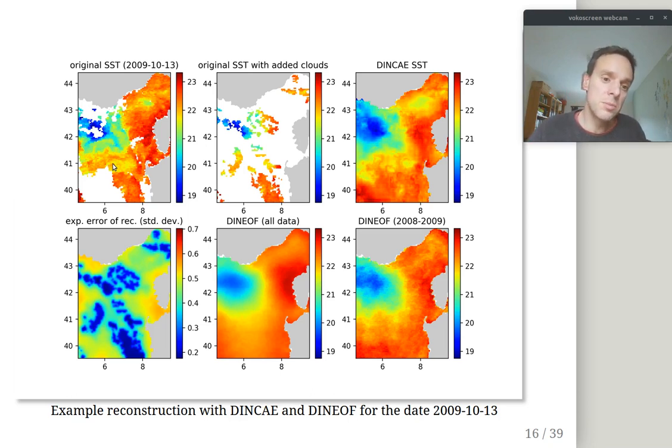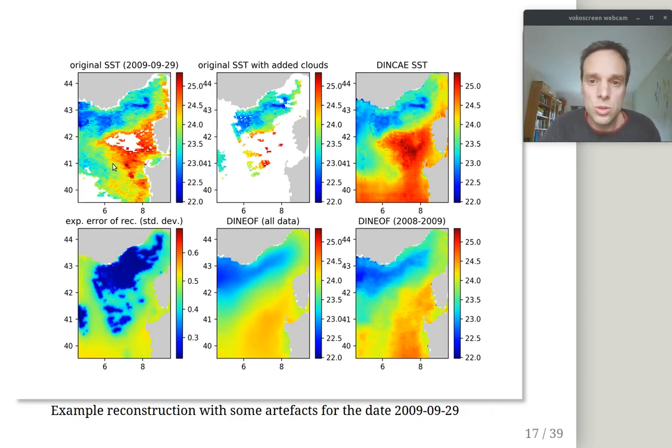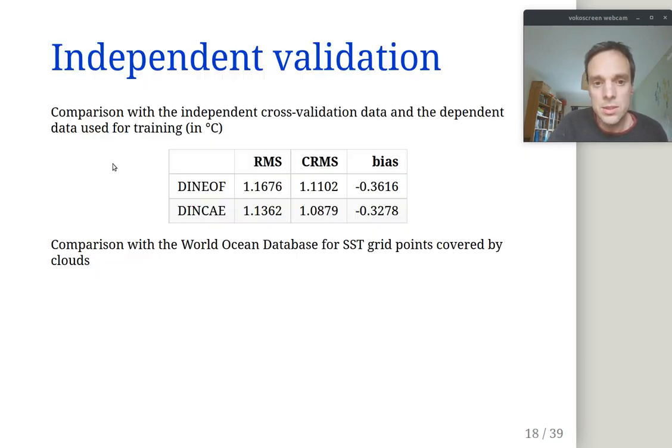And the expected error is obviously quite strongly related to the presence of clouds, but the values that we have seen are quite realistic. Here's a reconstruction for a different time instance, where we see that, for instance, other techniques like DINREF somewhat underestimated the temperature in this area, and for this time instance.